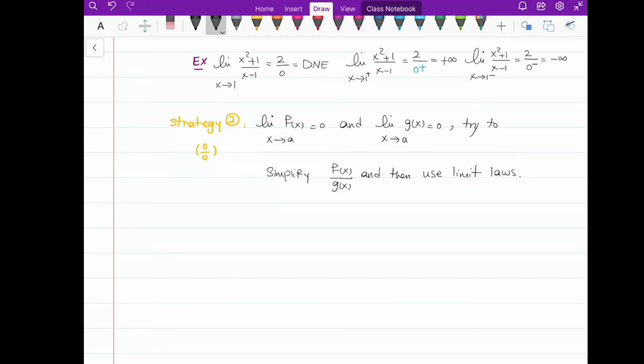Okay, what are the basic simplifications that we can use? I'm gonna say just 2 of them for now.